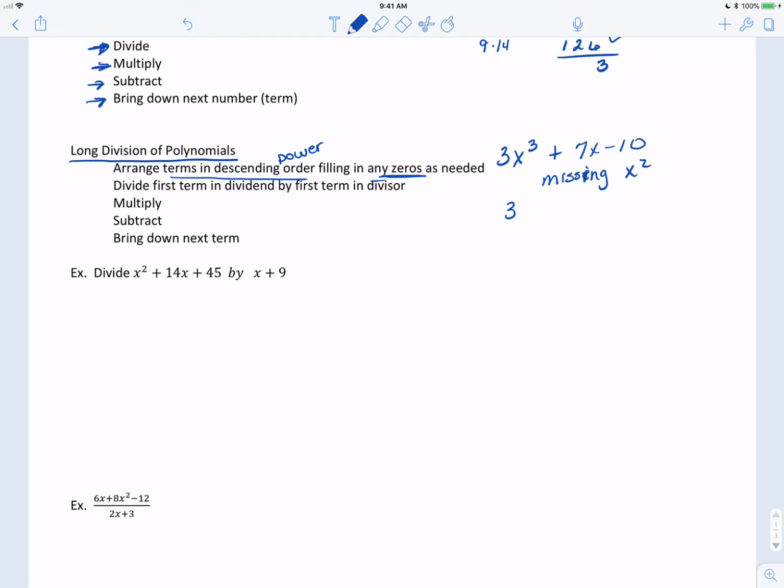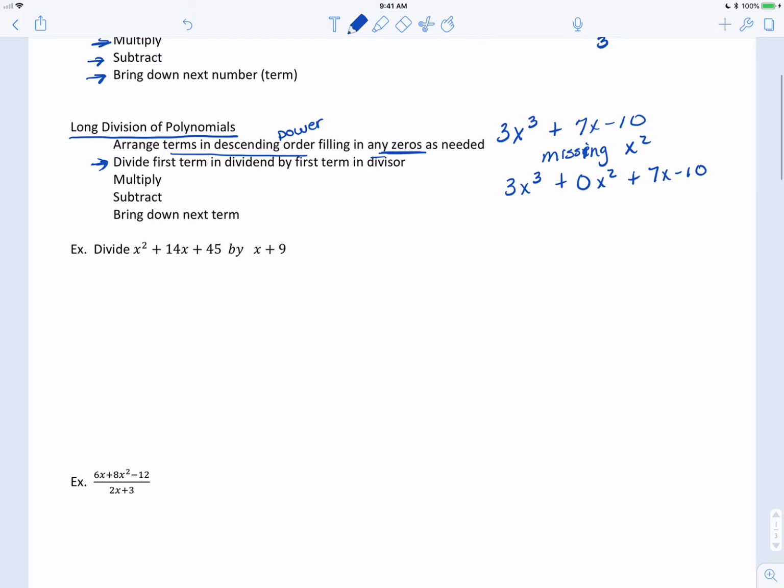So we would want to rewrite that: we have 3x cubed, but we have 0x squared plus 7x minus 10. We're not changing that equation because anything times 0 is still just 0, but we've got to put it in there for our division's sake because we will end up with those terms, okay? And then all we're doing when we do long division is we're just trying to match those first terms to make them become 0. And then, just like before, we would multiply, subtract, and bring down the next term.